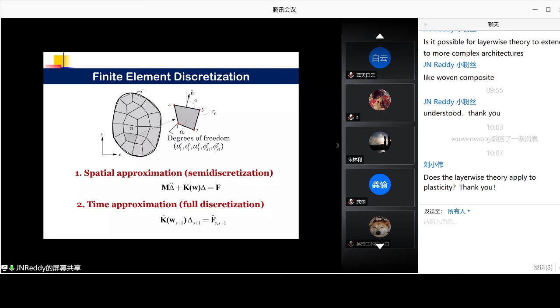Whereas here, UVW in association with phi x, phi y become total displacements, because the total displacement in the X direction would be U plus Z times phi x. Together they produce the total displacements. So UVW here are only the mid-surface displacements.